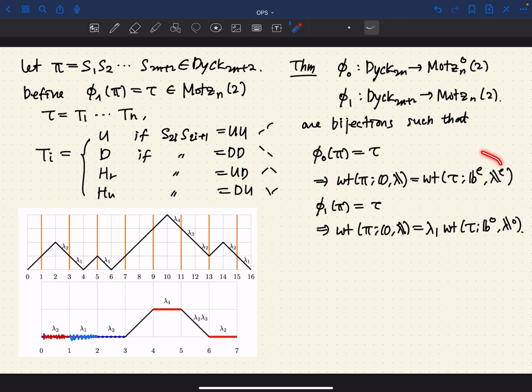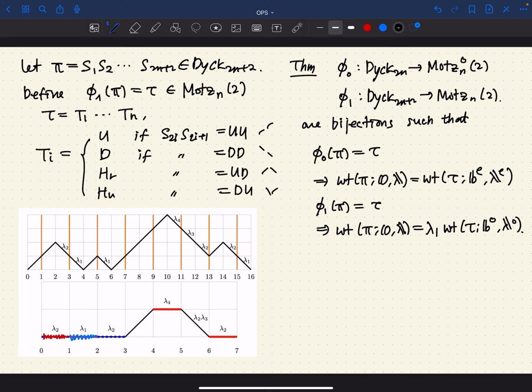And that will give us the proof of this, and this is exactly the same, except that we have to multiply by lambda 1 because we ignore the first and the last step, but this has no weight, just weight 1, while this has weight lambda 1, so we have to multiply lambda 1 over there. So that's really the proof. Yeah, so simple bijections give proofs of the fact that the moments are related.